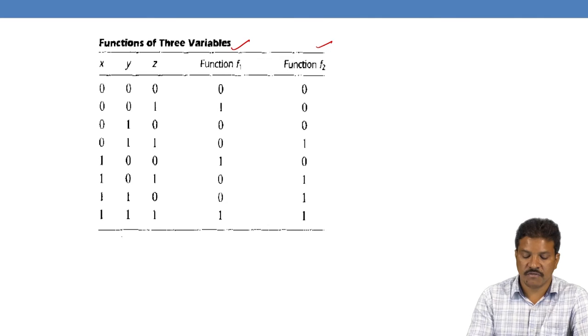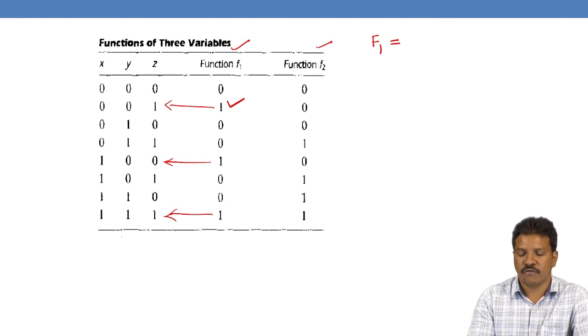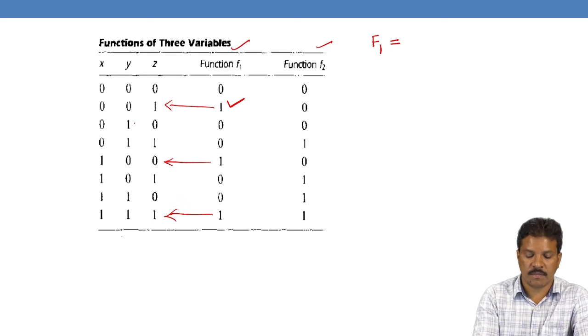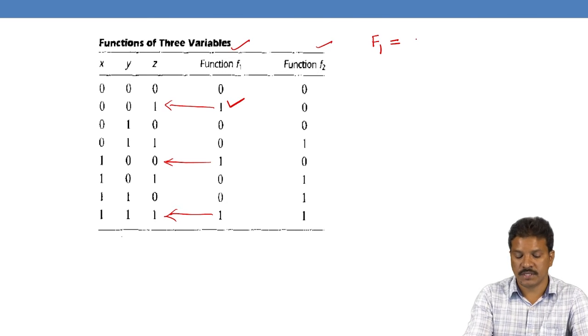So what is the Boolean function for f1? Wherever the output is logic 1, the corresponding input combination term, called a minterm, gives the Boolean function. So f1 can be represented with the minterms where the output is logic 1. What is the minterm for logic 1 in f1? One minterm is 0, 0, 1.